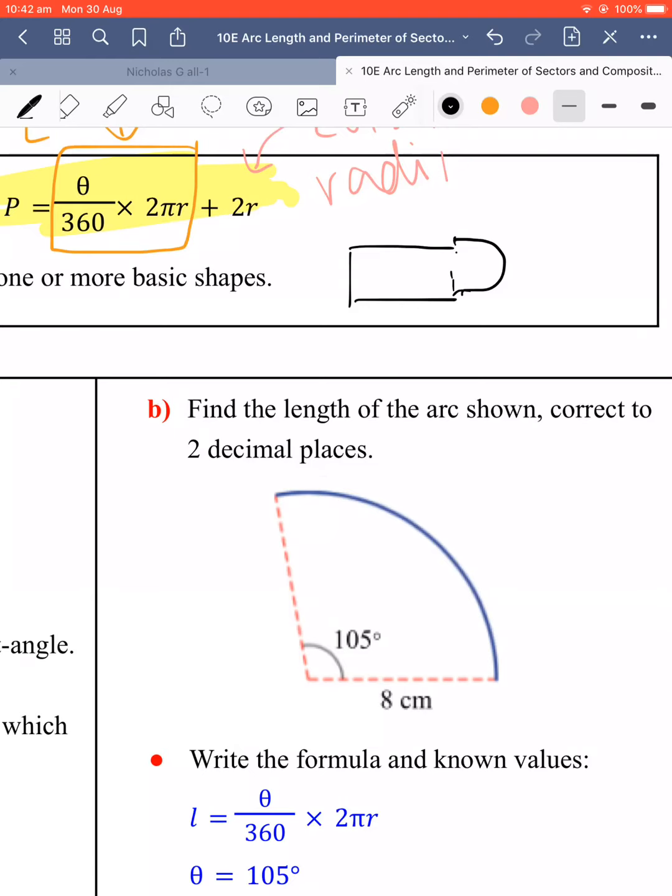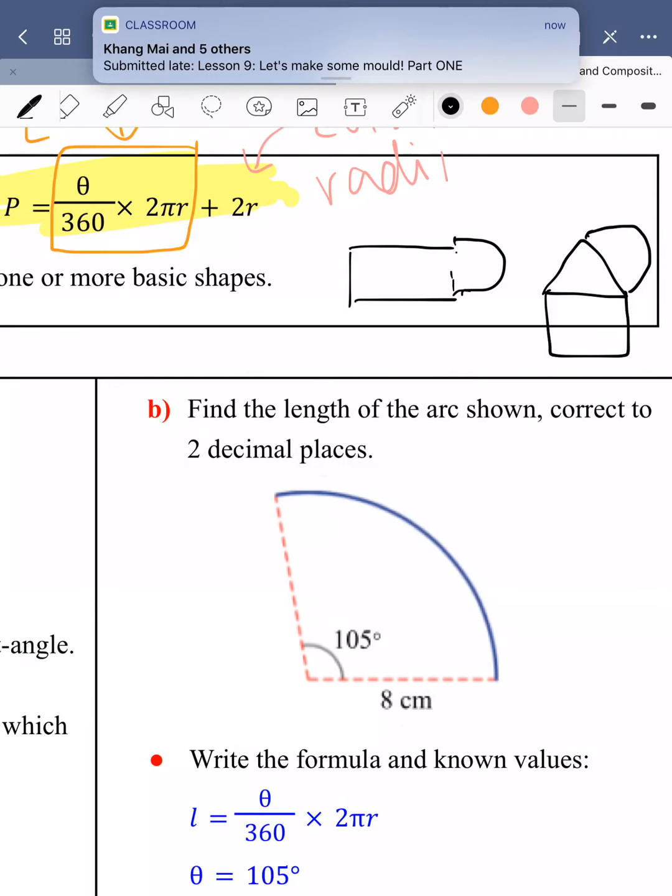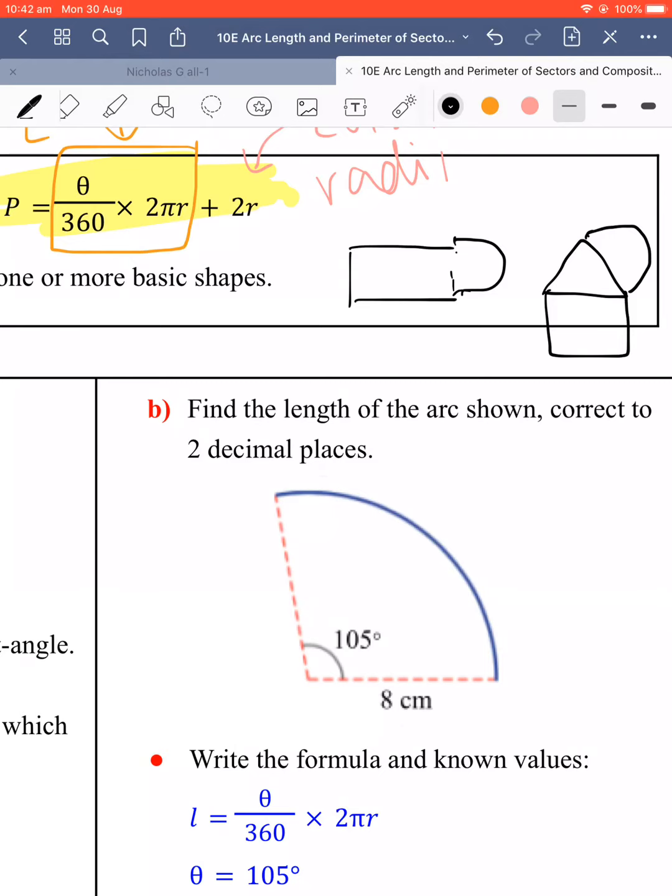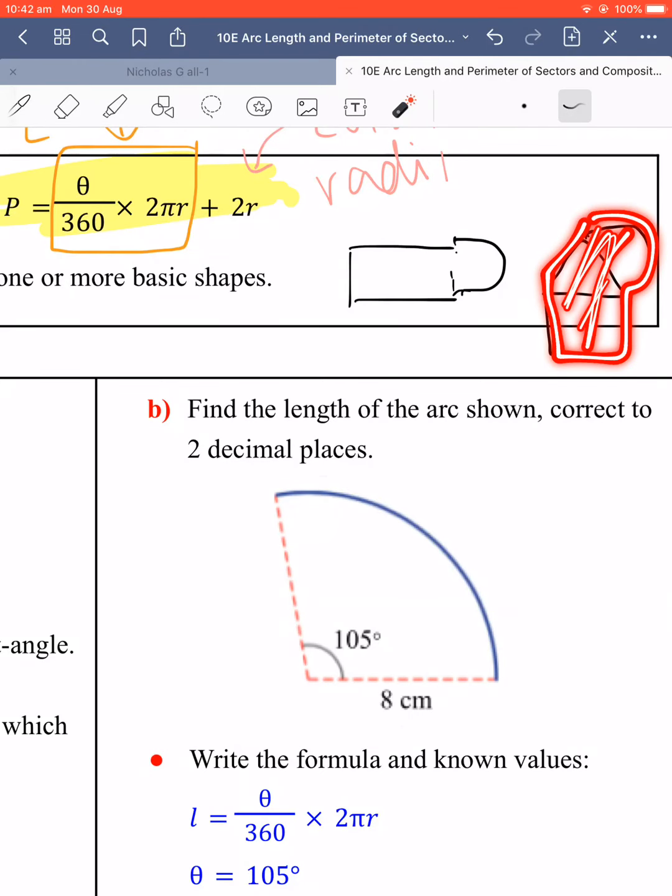We could have something where it's maybe a triangle and then a circle attached and then maybe another rectangle. The whole point of this is you are able to figure out the perimeter or the area based on the type of shape.